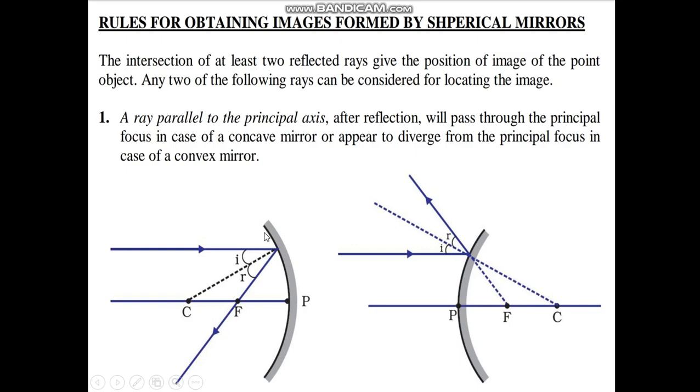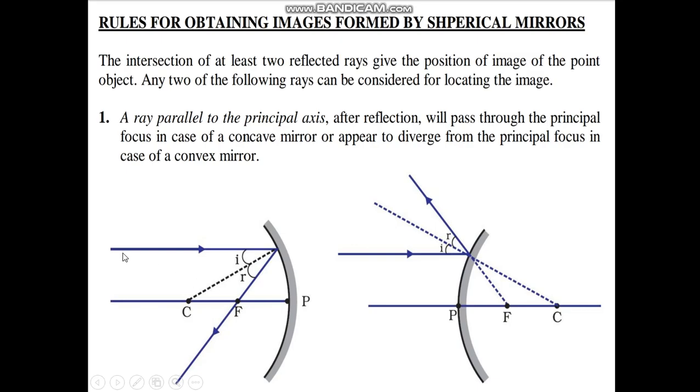See, here it is the concave mirror, here it is the convex mirror. This is the principal axis. This one is the incident ray. The arrow sign is indicating us that this is the incident ray. Incident ray is parallel to the principal axis.